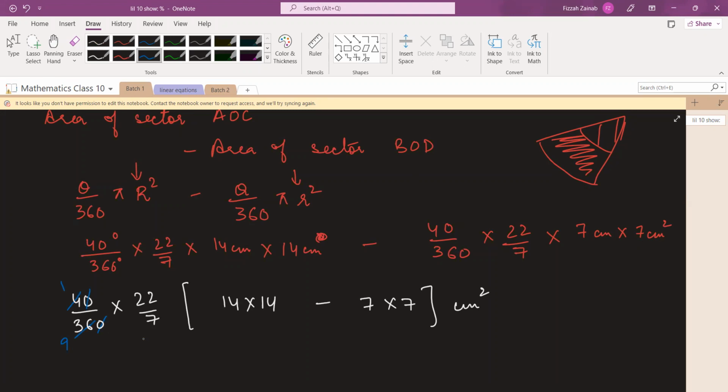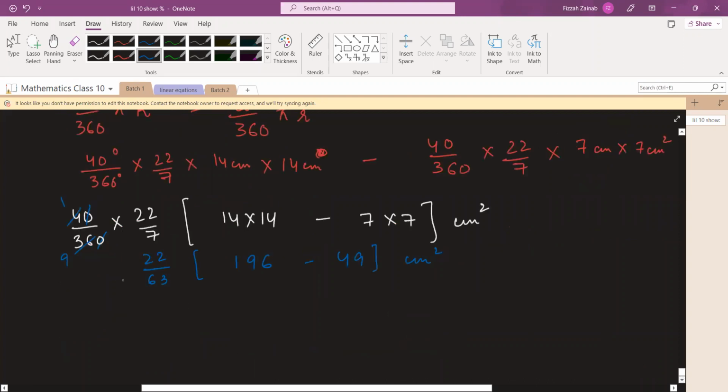Okay, so you got now 22 by 7 into 9 is 63. And here, how much is 14 into 14? This is 196. Minus, this is 49, you know, and centimeter square, right?